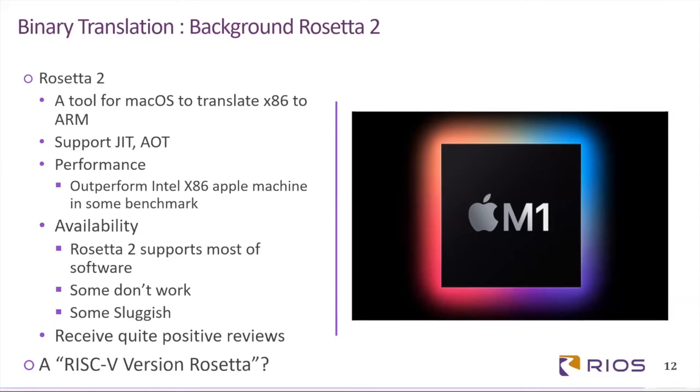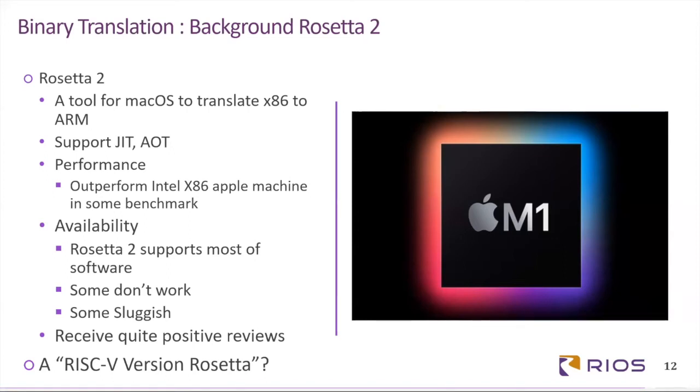Say you want to run an application, but the application in the App Store is x86. You download it, and Rosetta 2 will help you translate it to an ARM version binary. Then you can directly run the ARM binary on the M1 chip Apple machine.